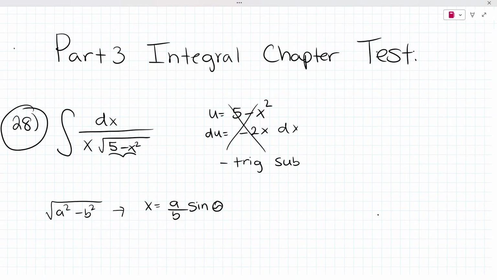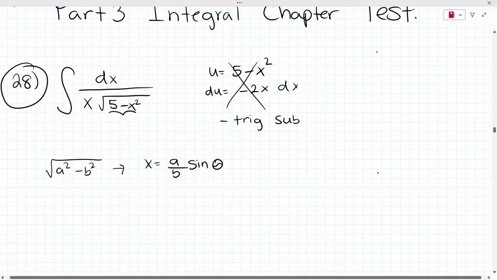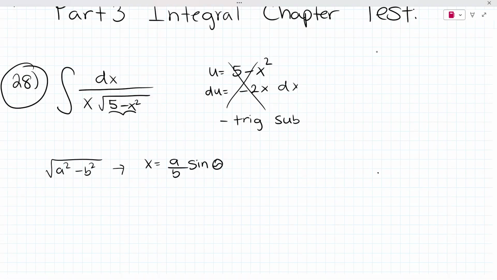So what do you think our a is going to be in our b? So I think our a is going to be square root of x, and my b is going to be 1. So x is going to be square root of x sine of theta.